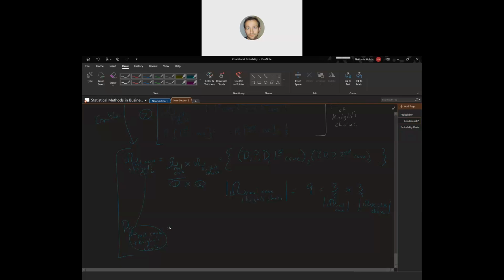Let's say, for example, the probability of, what was the event that you said? I'm sorry, I forget. I erased it. I think it was the DPD, and the knight picking the first cave. All right. Great. First cave. Okay, so here's one event.